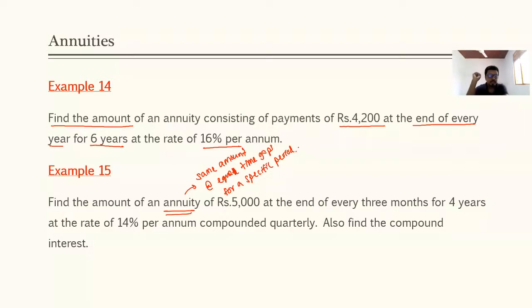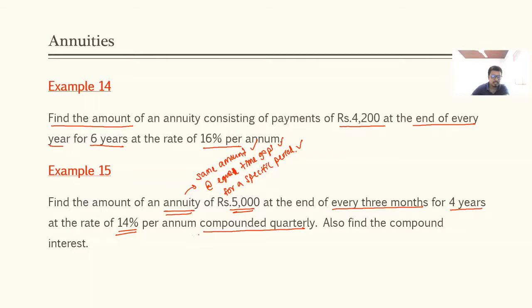Find the amount of an annuity of 5,000 rupees. 5,000 rupees, same amount, means the amount is 5,000 at the end of every 3 months, equal time gap, once in every 3 months, for 4 years, that is the specific period, at the rate of 14% per annum, compounded quarterly.